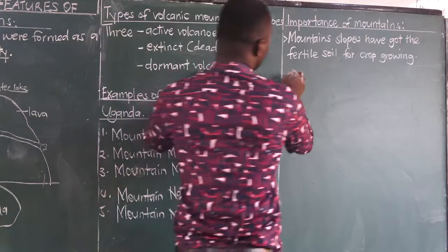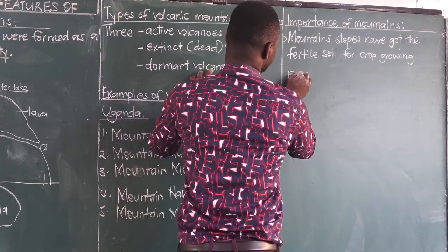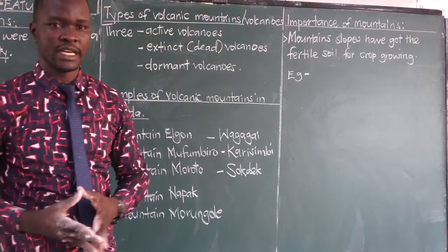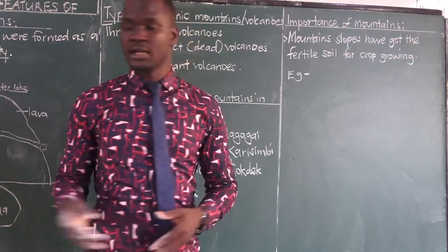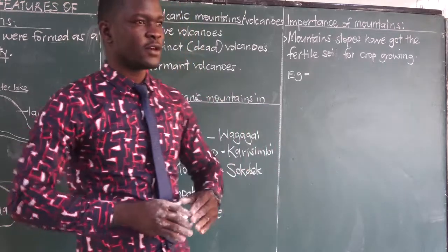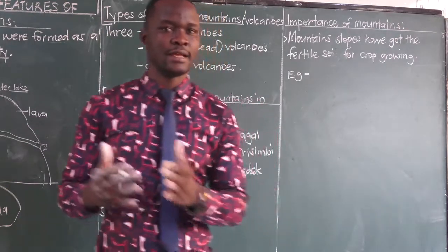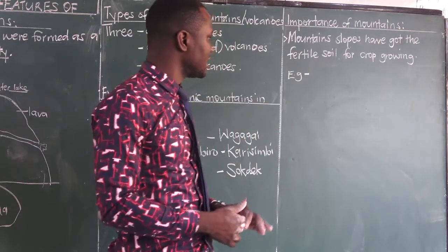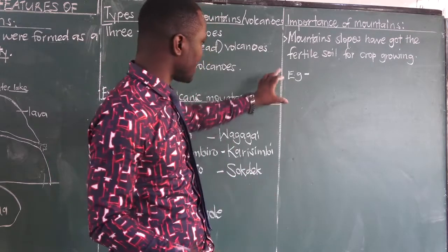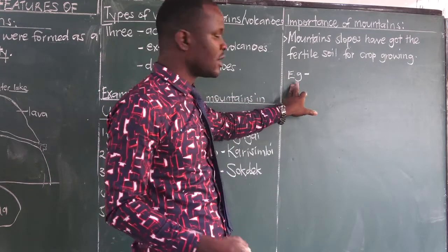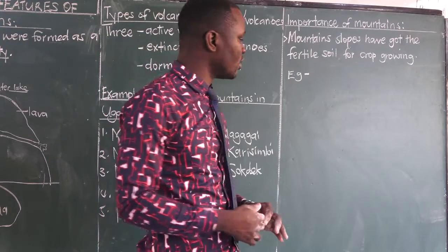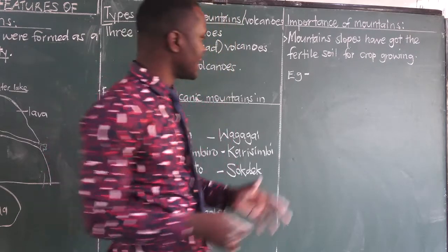For example, we always say the slopes of Mountain Elgon. Remember Mountain Elgon, we say it is a volcanic mountain. So those slopes have what we call volcanic fertile soil. This volcanic fertile soil supports the growth of crops. And an example is on the slopes of Mountain Elgon, people there grow what we call Arabica coffee.